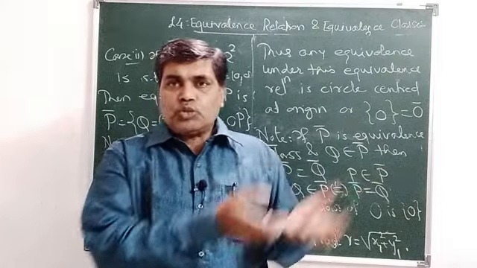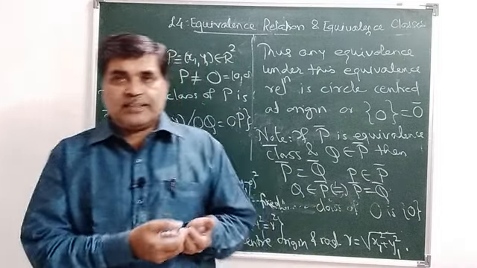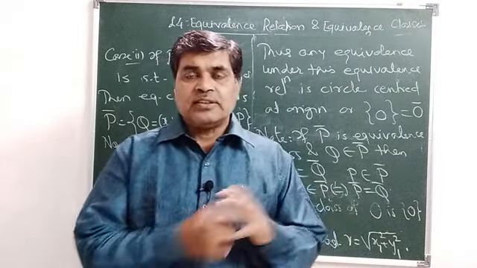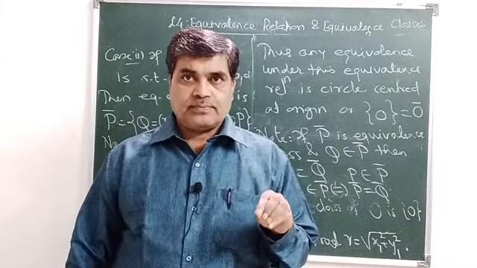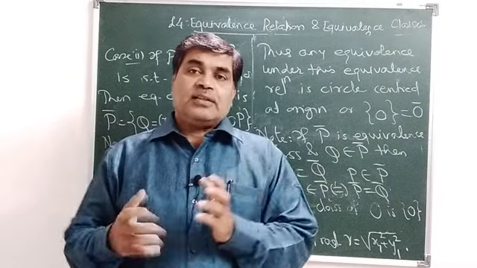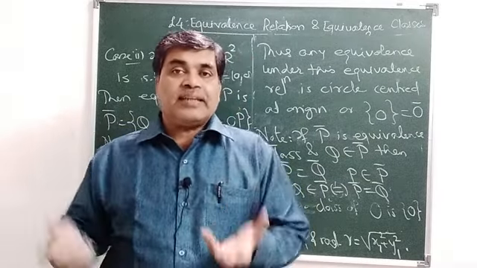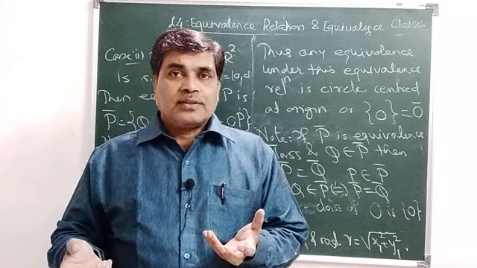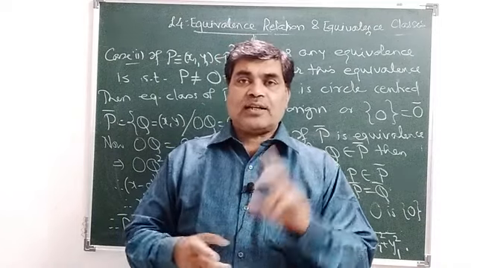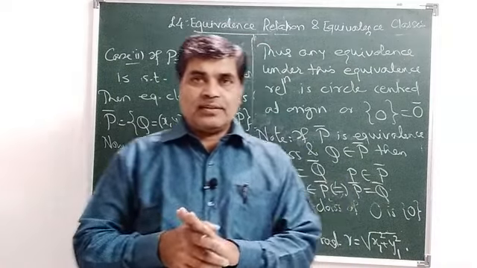If I choose a particular student from SYBSC and take his or her equivalence class, it is the SYBSC class. If I take some student from MA, then his equivalence class is all students studying in the MA class. From this you can observe that any two equivalence classes are either identical or disjoint.